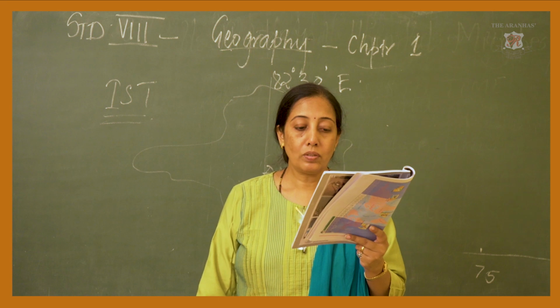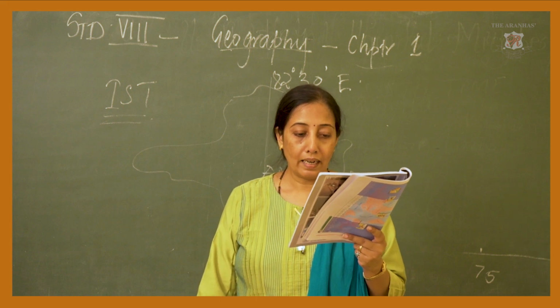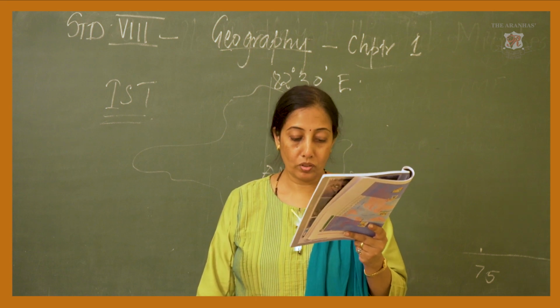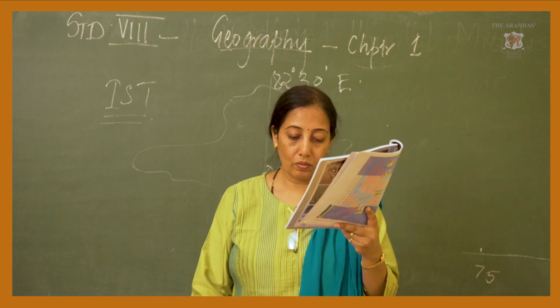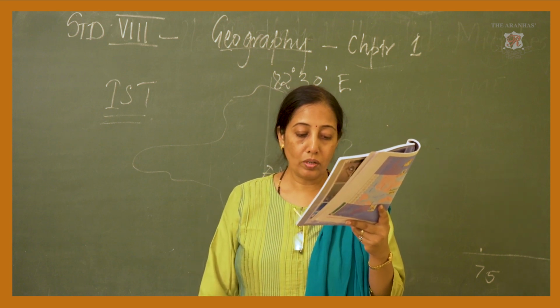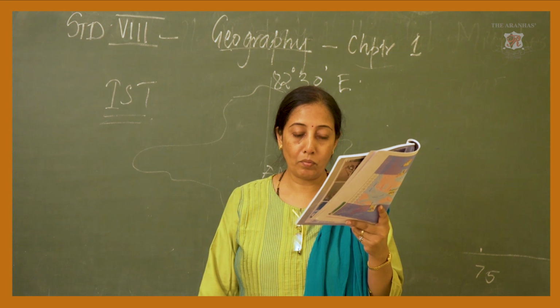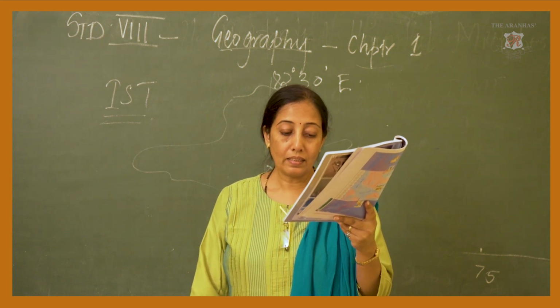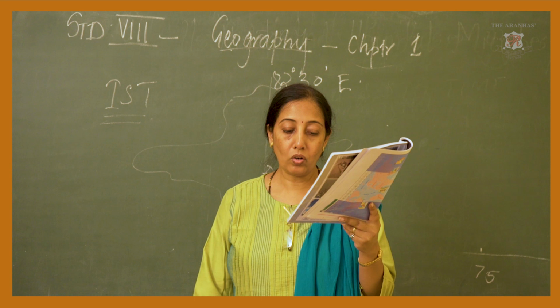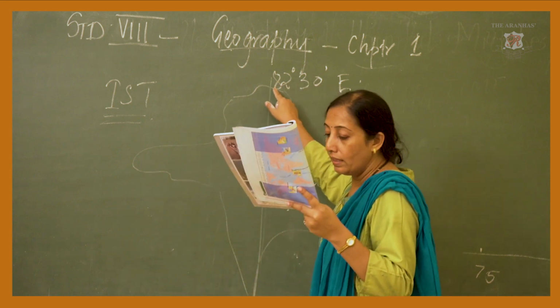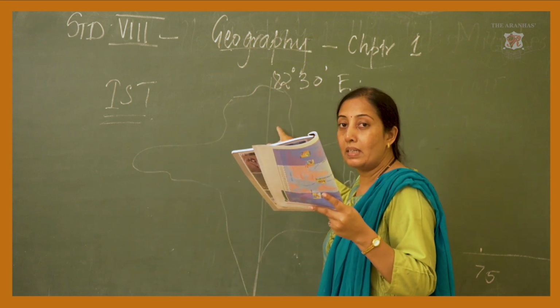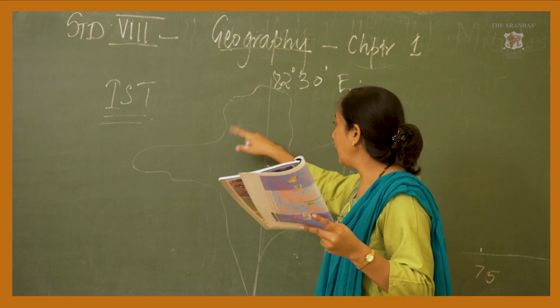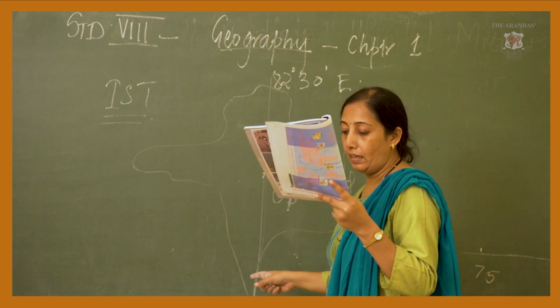But if the longitudinal extent is more than that, then one standard time... where was I? Here. Now, the local time at this longitude has been selected as the standard time of the whole country. When the sun is directly overhead on the longitude here, then it is assumed to be 12 o'clock in the afternoon everywhere in India.